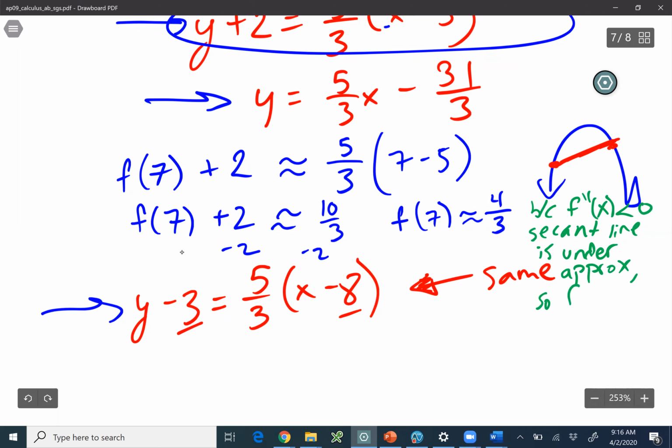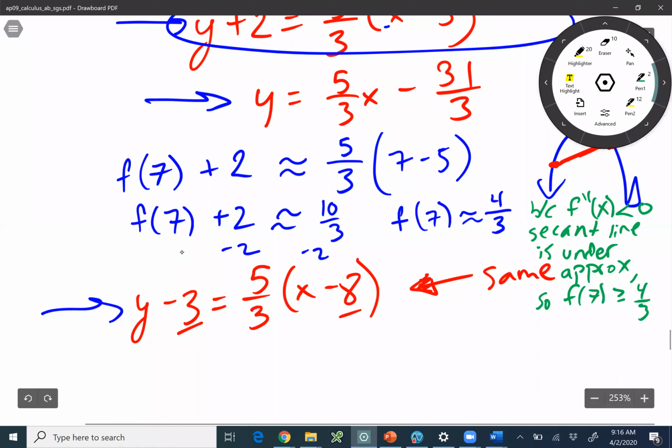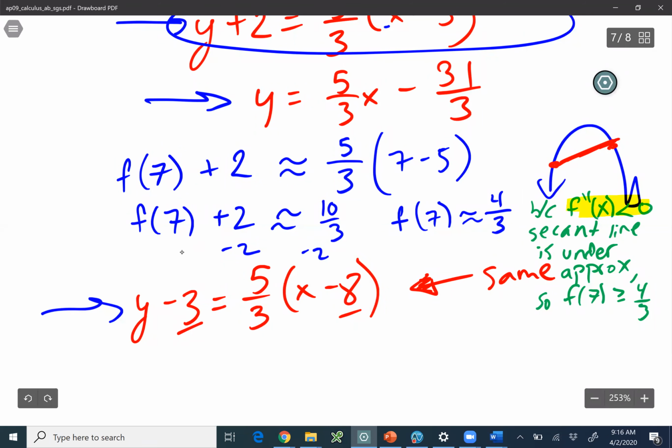So f of 7 must be greater than or equal to 4/3. Simple little thing. All they're really looking for is that you connected that this was concave down, and I realize that that means it's an under approximation. And if you don't know how to do it, you're just going to graph that.